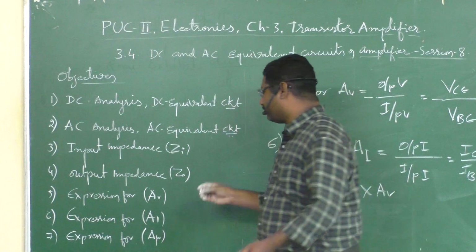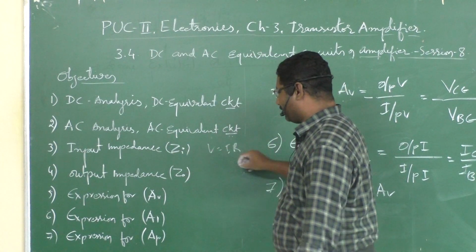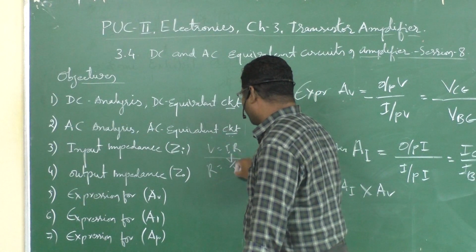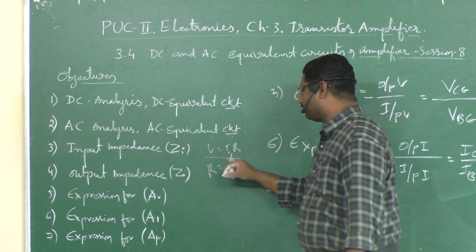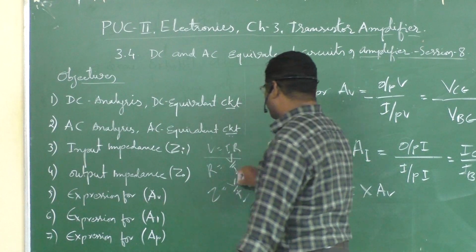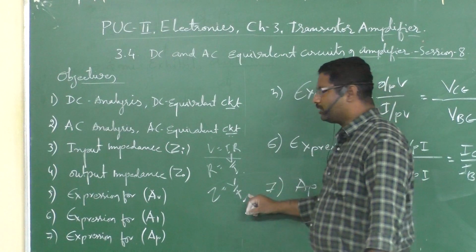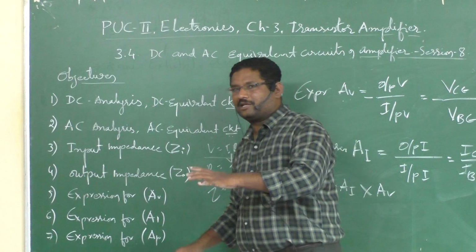If you remember, V is equal to I into R, Ohm's law, so R is equal to V by I. R and Z are the same, so Z is also V divided by I, voltage divided by current. Z in uses input voltage and input current, and Z out uses output voltage divided by output current. This is the fundamental, basic thing.